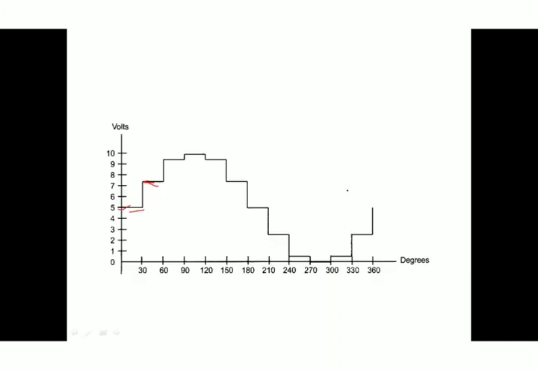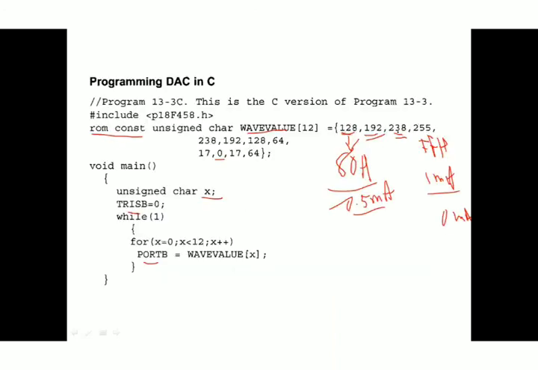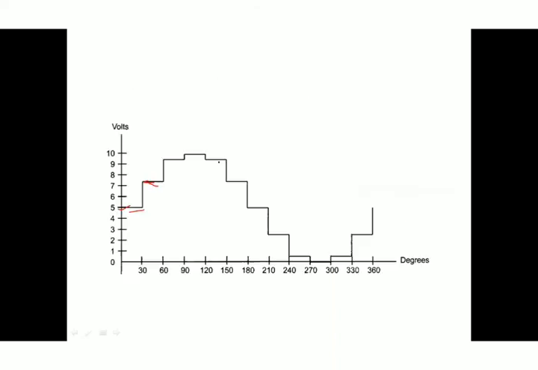You can see here after 255 the values are decrementing in the same order: 255, 238, 192, 128, so it comes back. Here it will go straight and come back like this, and reach the minimum value. If you repeat that process, this will continuously generate the staircases.